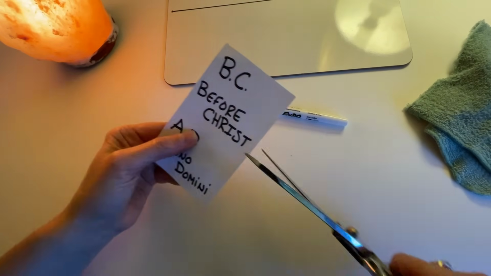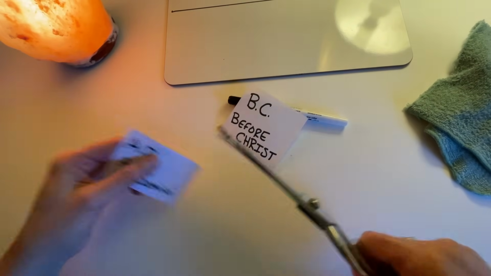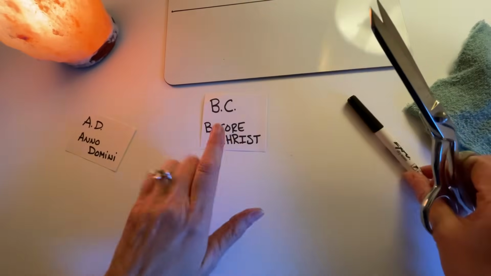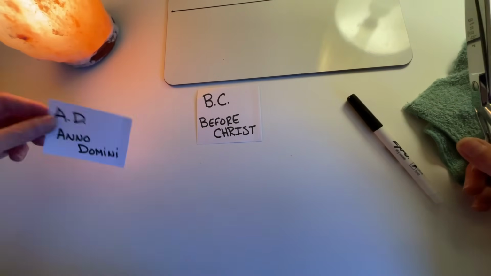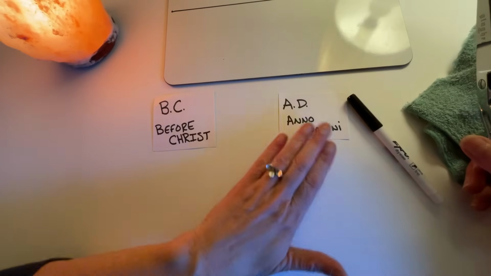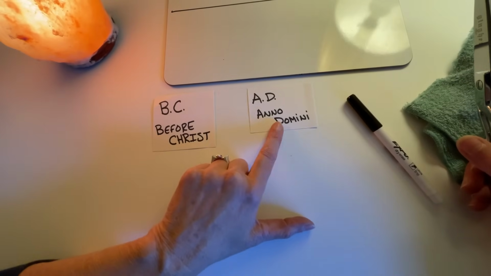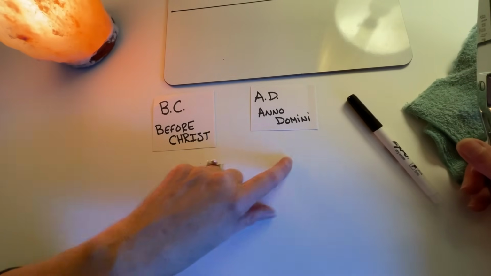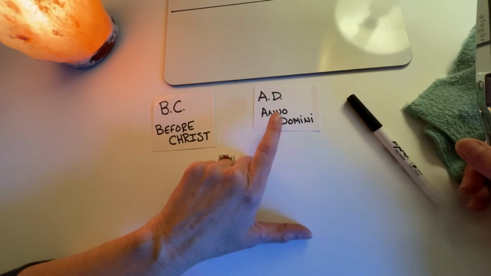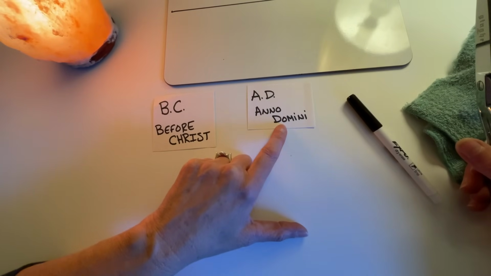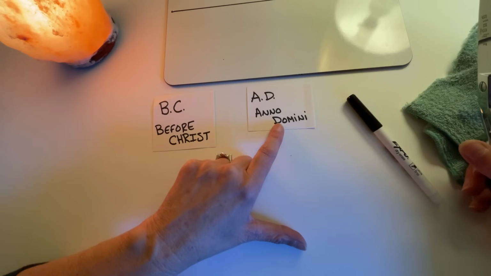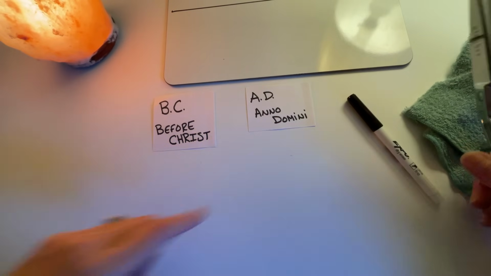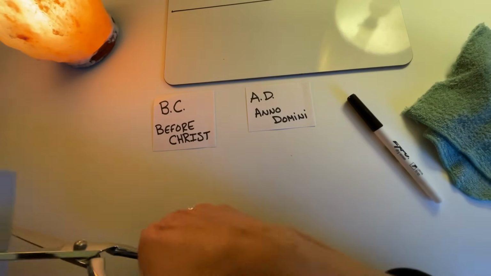So, a lot of you know there's some dates that are BC, which stands for before Christ, and some dates that are AD, which stands for, I don't know if I'll pronounce this right, Anno Domini, which means in the year of our Lord.